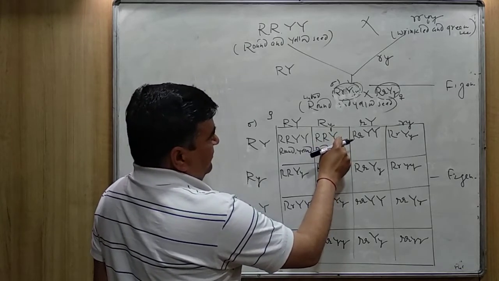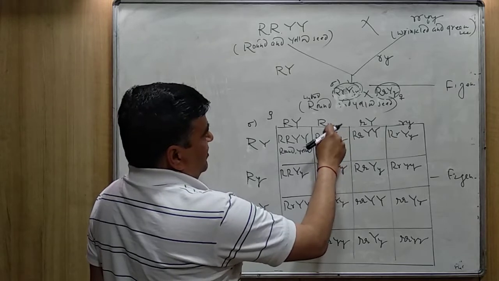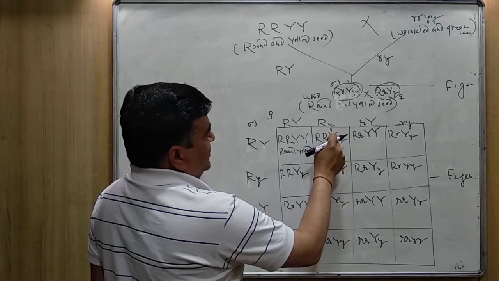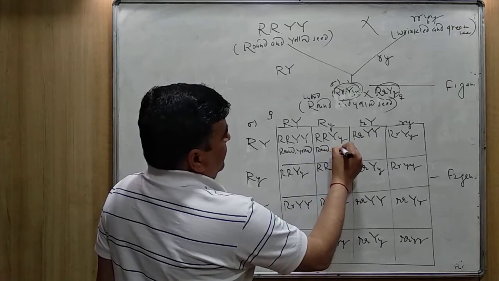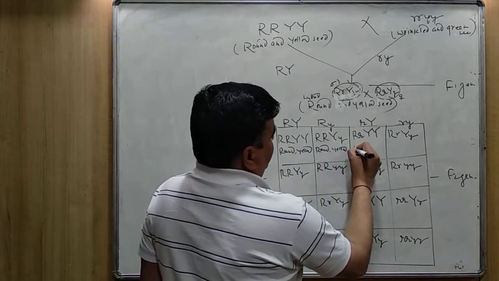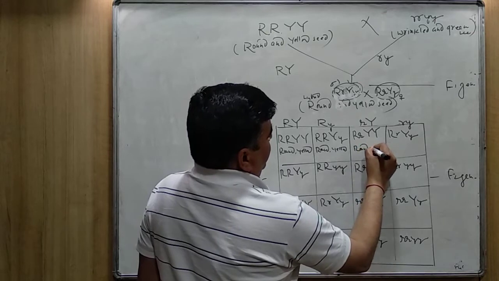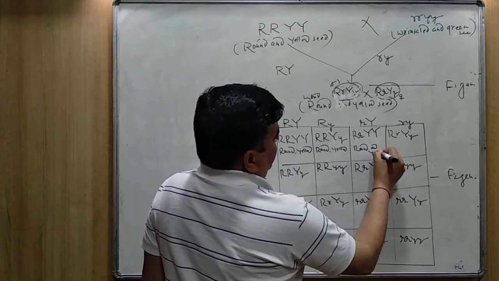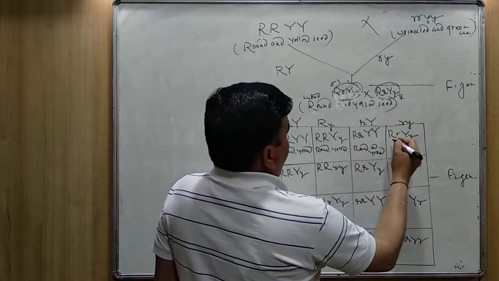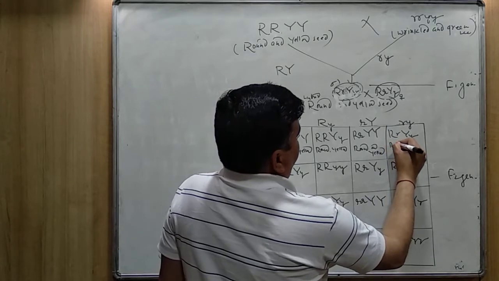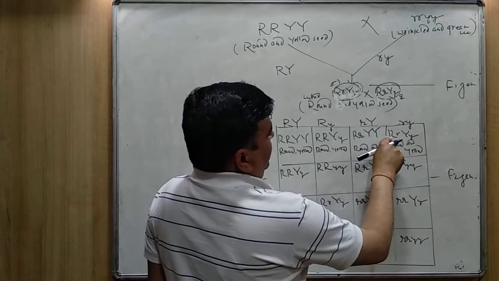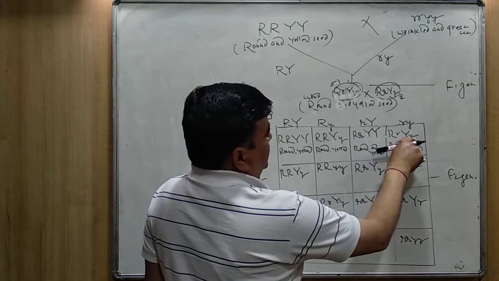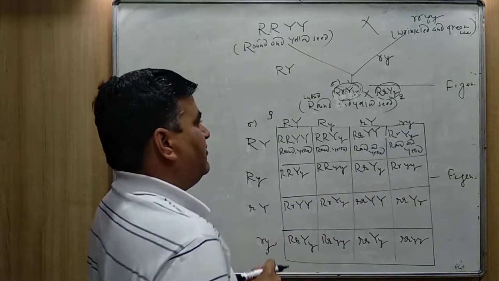Actually, this small y is for green, but because of the law of dominance, Y is dominant over small y, so it will be round and yellow. Here also round and yellow. The capital R is dominant over the small r, capital Y is dominant over the small y, so it will be round and yellow.